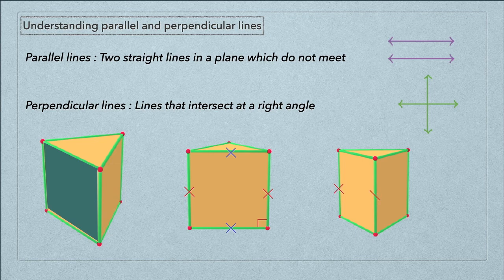Well, yeah, we have 2 and 3. So we're going to have 3 parallel lines. Well, actually, the outer side of the shape are all parallel to each other. It means no matter how long you draw it, these 3 lines are never going to meet each other.